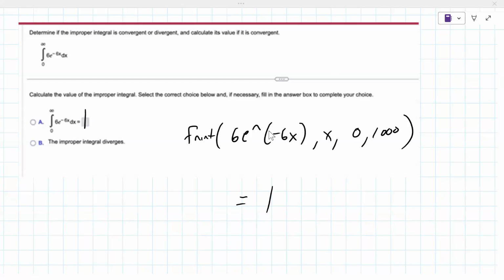Oh, but you got e to the, sorry, it's from 0 to infinity, isn't it? Okay, I have mine. 6e^(-6x), 0, 2.